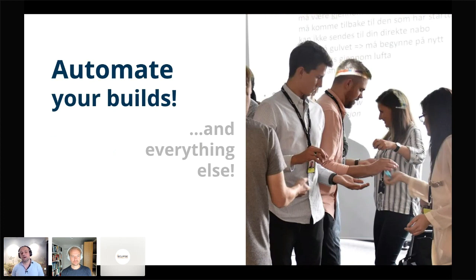You should have automation for running tests on the new version of an application. You should have automation for checking the health of your application, how it's performing, if it needs to be restarted, and all those kinds of things that will make your life much easier.